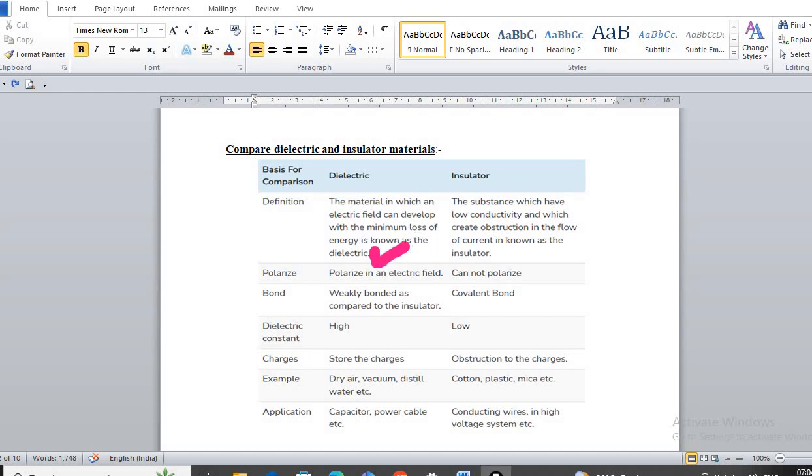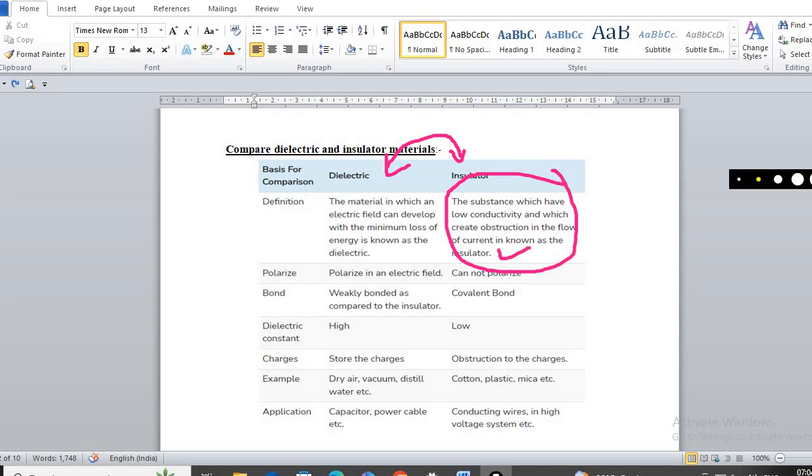Whereas a substance which has low conductivity and obstructs the flow of current is known as an insulator. So the basic difference is that an insulator stops the whole amount of current, but in a dielectric there will be a small amount of electricity, with very minimal loss. It's a bad conductor, but some electric field will be there.